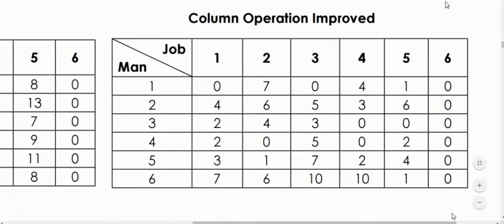So see, after cancelling the sixth column, the other zeros, I see 2 zeros in my row 1. I see another 2 zeros in my row 3. And I see another 2 zeros in my row 4.